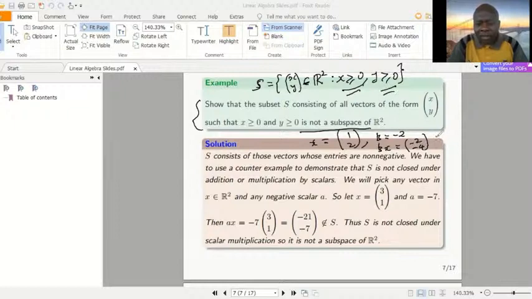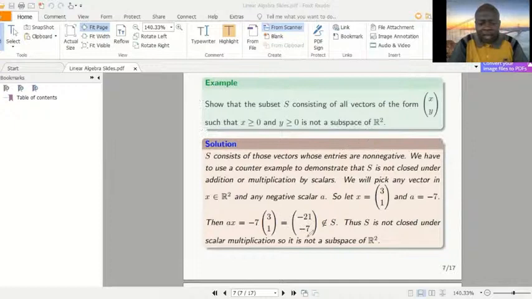So that means this one is not in S. So this is the condition that is not satisfied, and that is the condition disqualifying this set from being a subspace. So you look at my working here. That is what I did. I only chose a different vector. So we just choose any vector so long as it fulfills the conditions here.